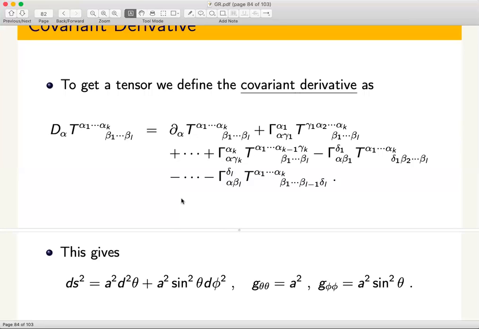So I should say at this point that you need some practice to get used to these kinds of manipulations, particularly if you want to take covariant derivatives of tensors and so on. The first couple of times you may find it complicated, but after some point it will just fall into place.